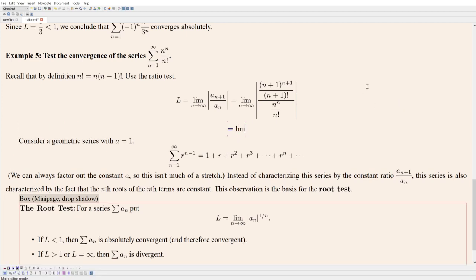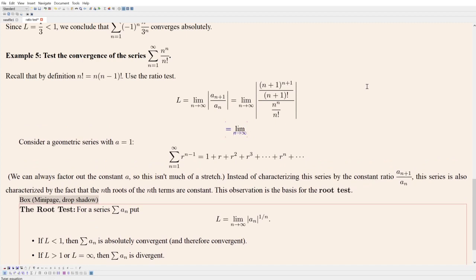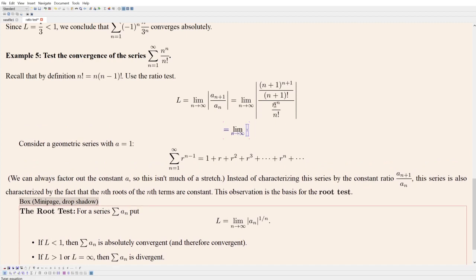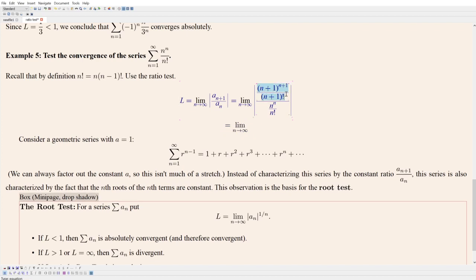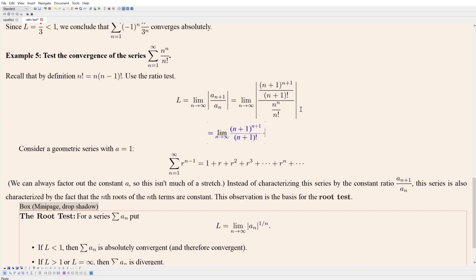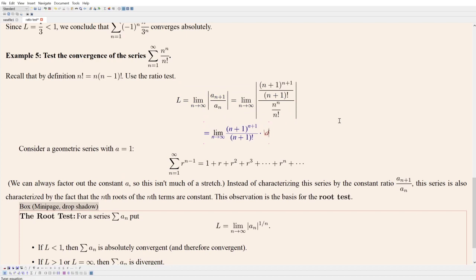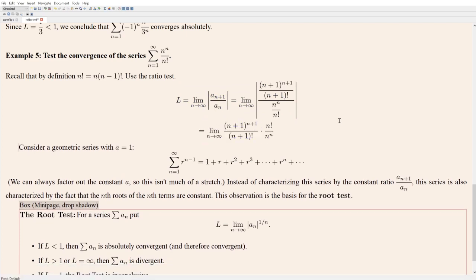So we may as well just drop the absolute values. Now, division of fractions is the same as multiplication by their reciprocals. Like so.